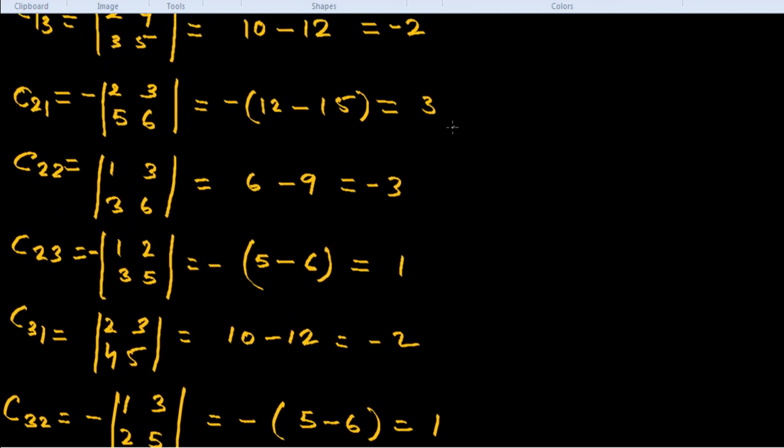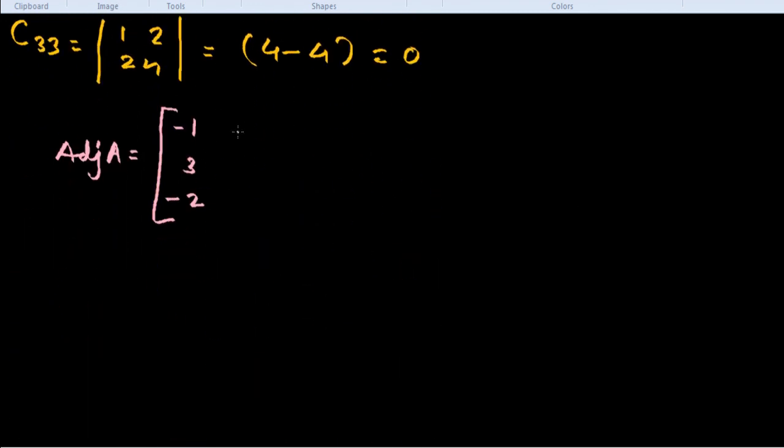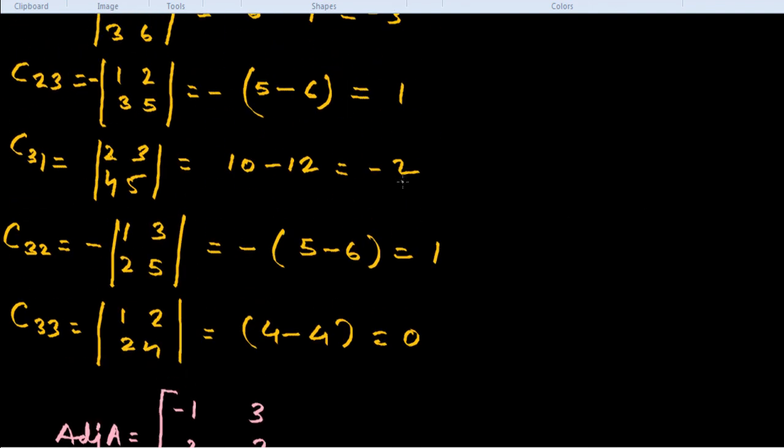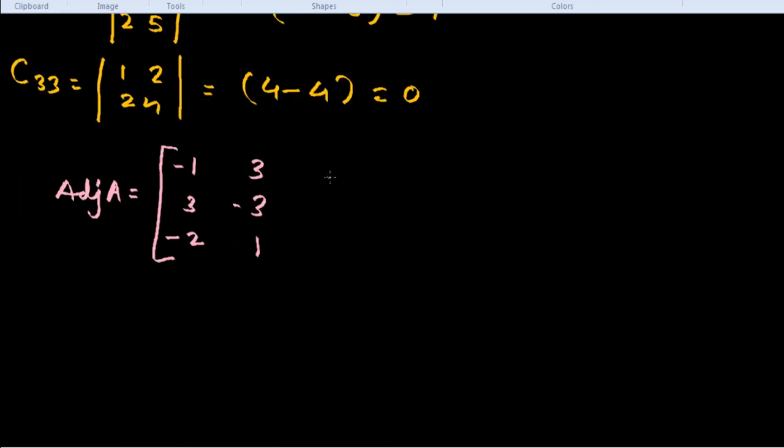C21, C22, C23 is 3, minus 3, 1, and we put it here. Then C31, C32, C33 is minus 2, 1, 0. This is the adjoint of A.